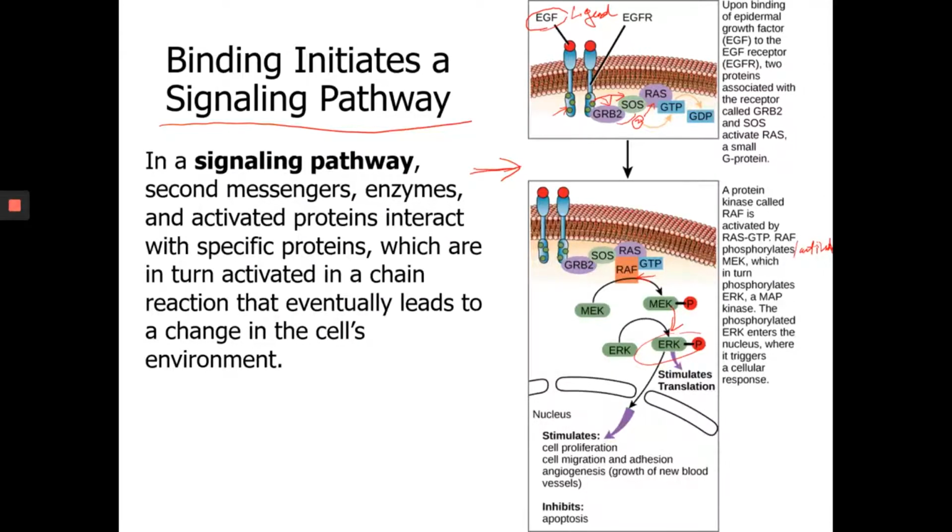So the pathway really tells you that this is a multi-step process. It can get quite complicated. But in general, you have 3 steps in the transduction pathway. The first one is ligand-receptor binding. I'm not going to write all of it, so I'm just going to say binding. You have to have that.